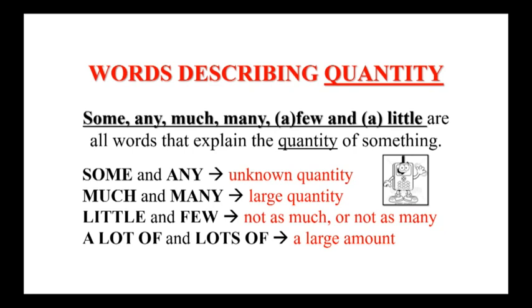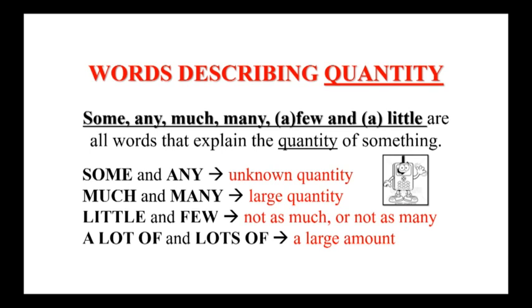Dakle, kad želimo da izrazimo količinu nečega, bez obzira da li su to ljudi, predmeti, objekti ili neke apstraktne imenice kao što je količina sreće ili bola ili radosti, dakle, koristimo reči kao što su some, any, much, many, few, a few, little i a little.